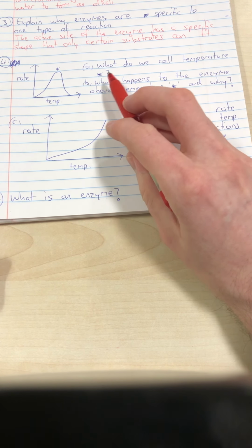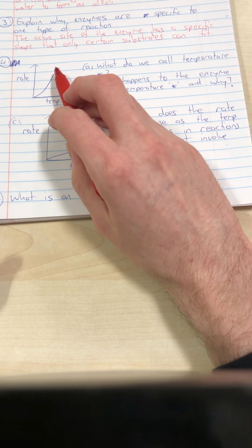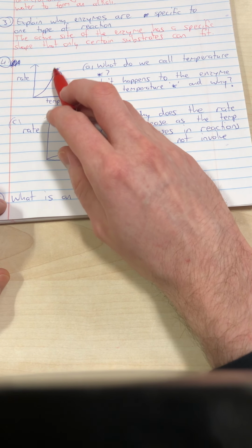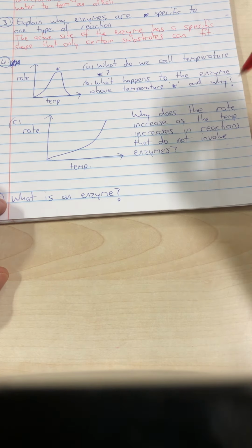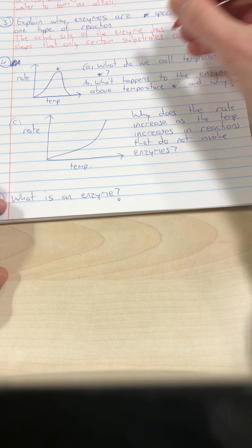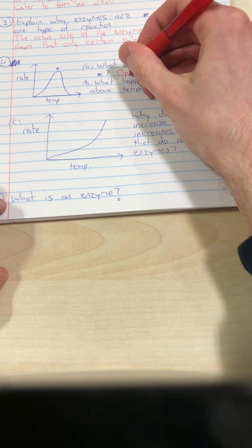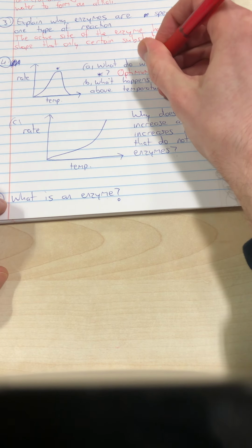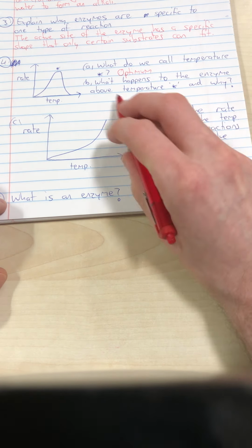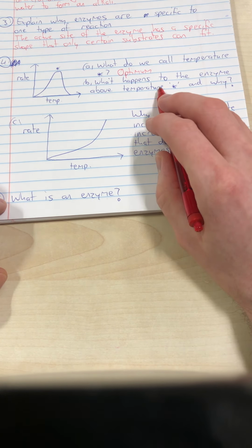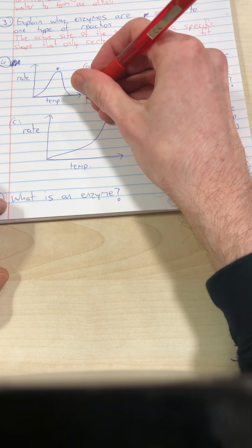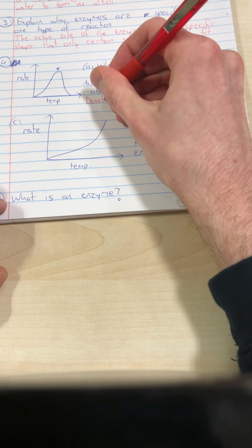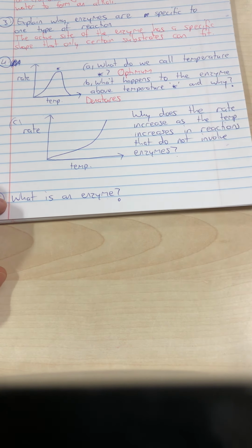Right, 4a, what do we call the temperature where the rate's the highest and the enzyme is most active? We call that the optimum temperature. Okay, what happens to the enzyme above the optimum temperature, and why? The enzyme denatures. Now why?